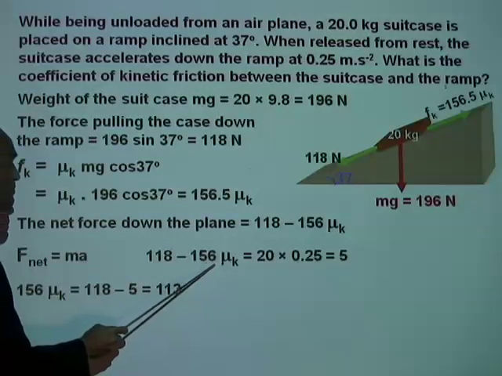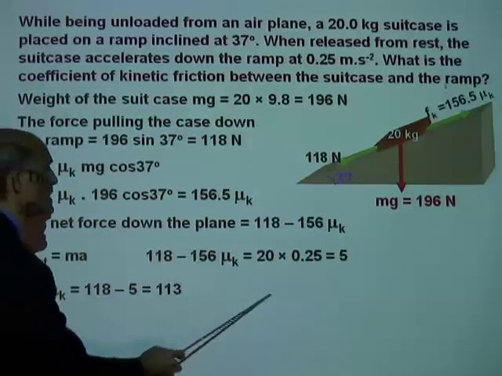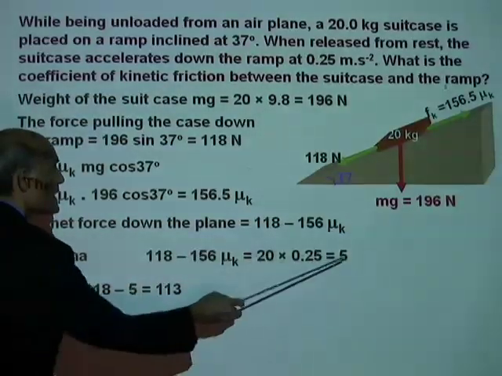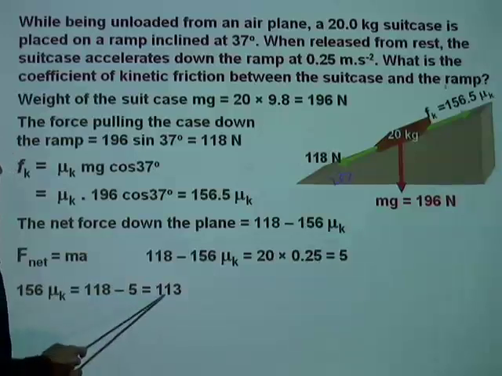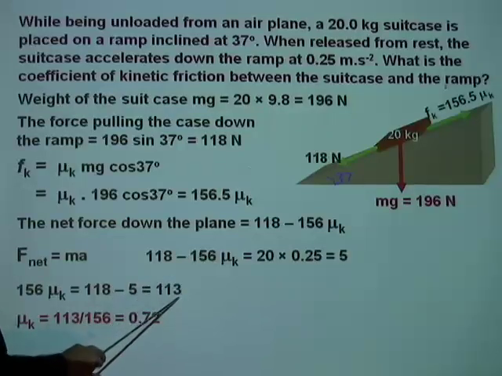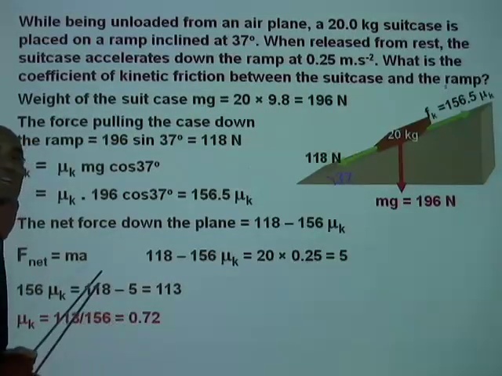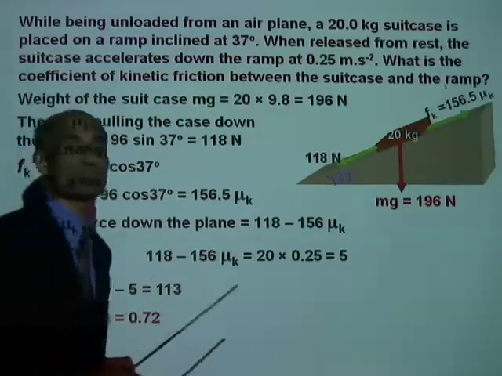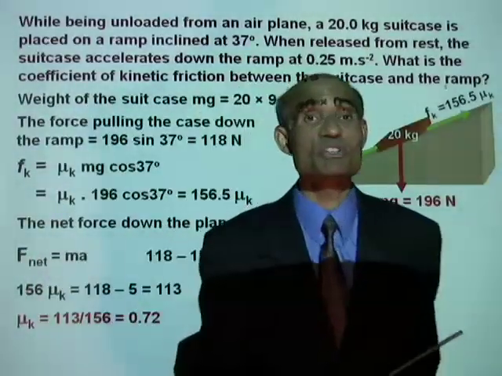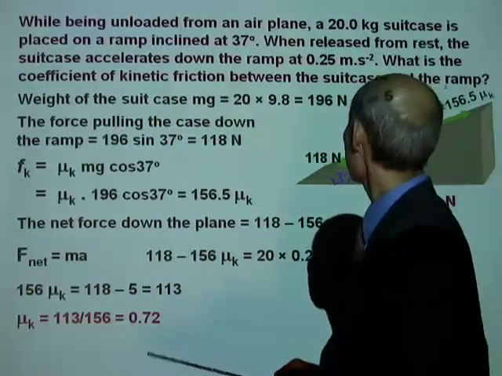So 156 mu k equals, taking it to the right side, 118 minus 5, that is 113. Therefore mu k is 113 divided by 156, that is 0.72. That is the coefficient of kinetic friction between the suitcase and the ramp.